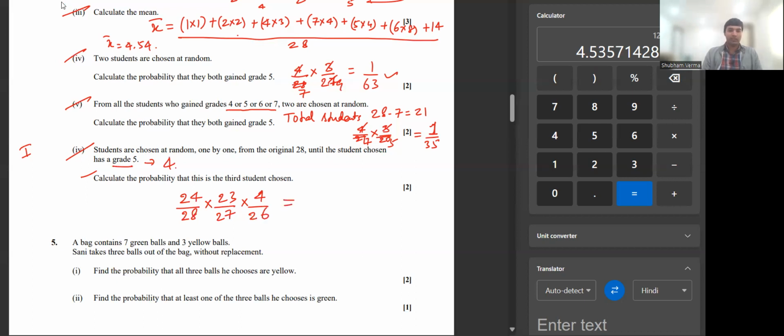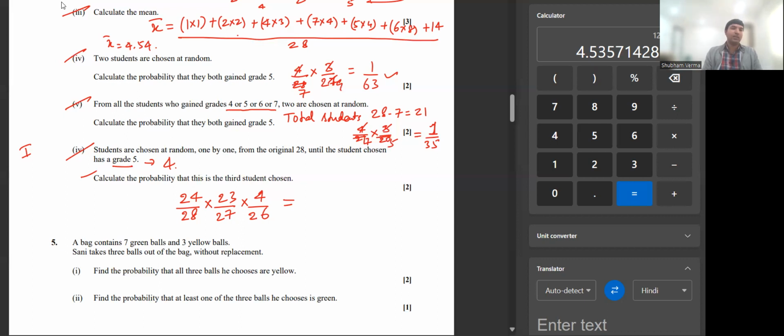Now understand it once again. They are given that students are chosen one by one from the original 28 until the student chosen has a grade 5. Calculate the probability that this is the third student. So the third student chosen gets a grade 5. So that means first and second student does not get grade 5. So how many students are there who got grade 5? 4. So remaining those who did not get grade 5 is 24.